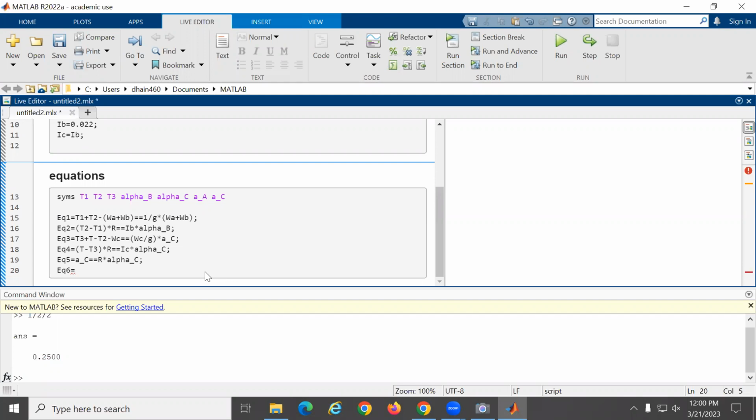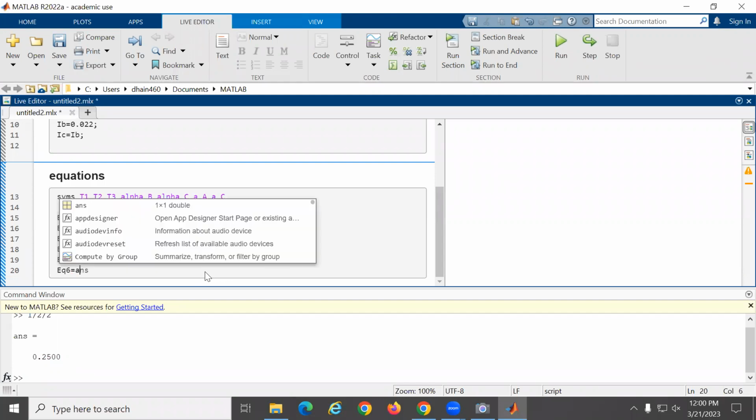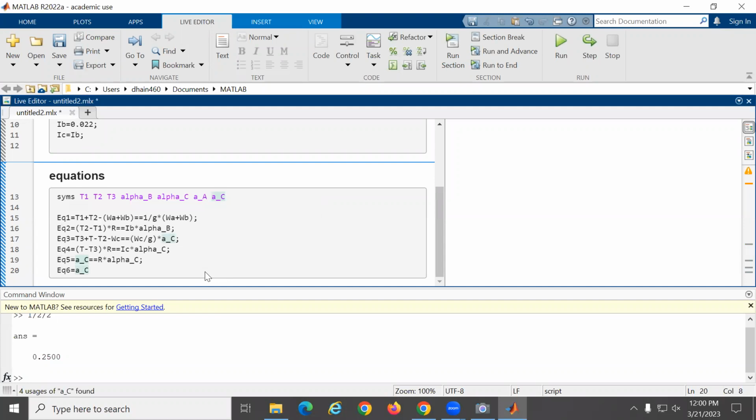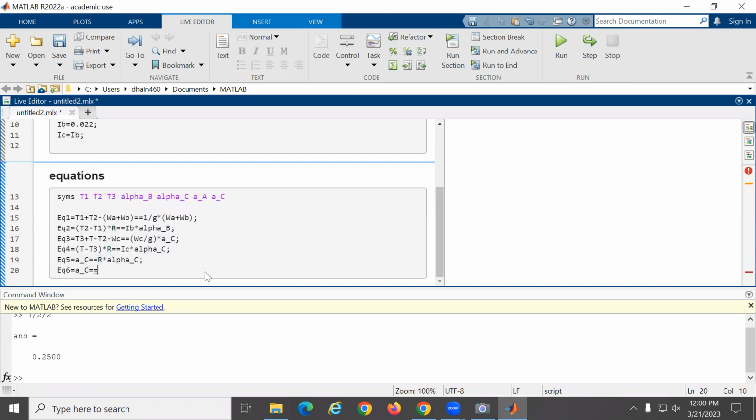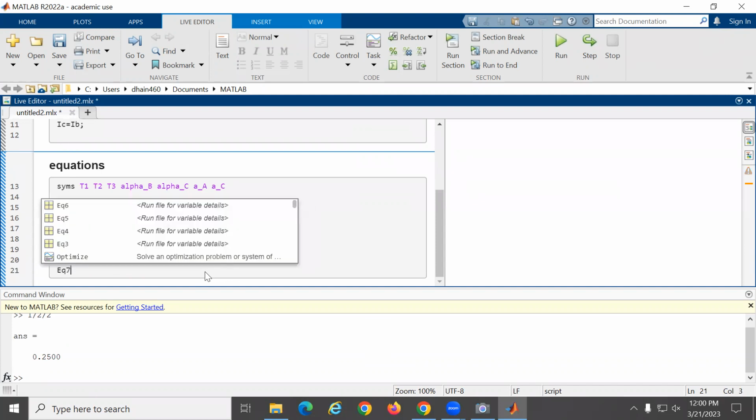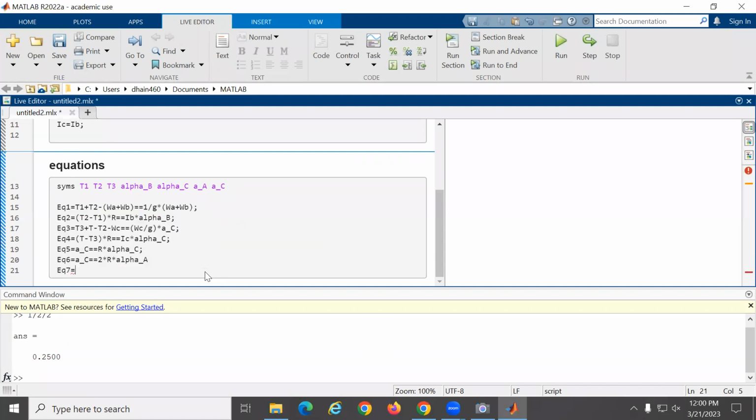That's fine, just put it here equal to R times, no, 2R, no? 2 times R times alpha A, and equation 7 is what?